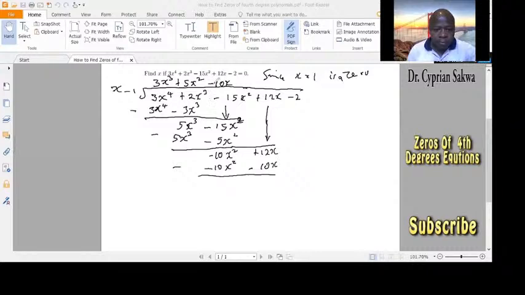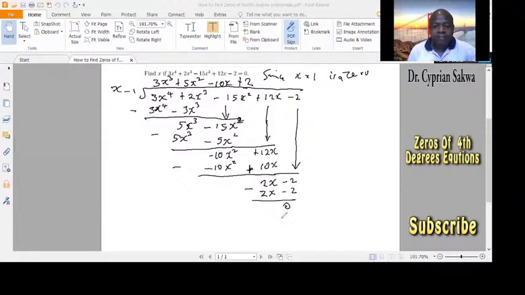Minus 10x times x squared will give us minus 10x squared, and minus this minus times this minus will give us positive. Give us positive, not minus. So subtracting this twice, minus 2. Subtract this and give us 0.